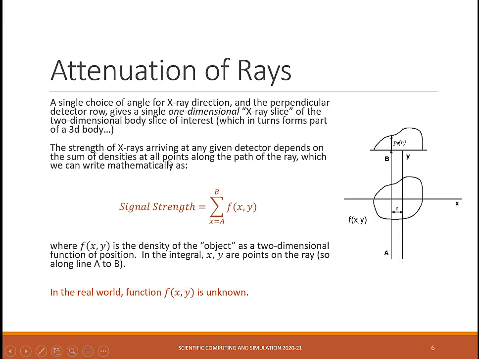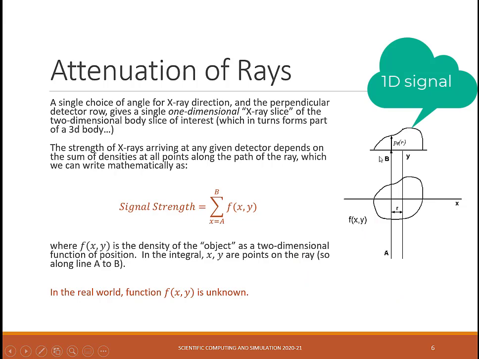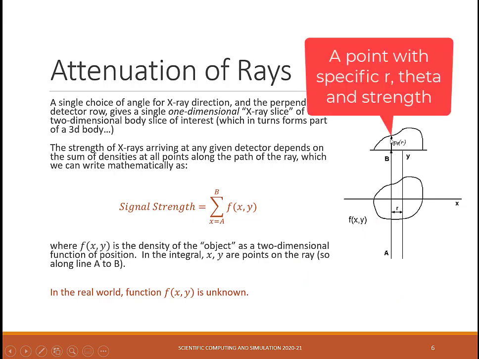As explained in the previous slide, a set of parallel X-rays with a given angle theta projects a two-dimensional body slice to a one-dimensional raw signal. In fact, each point on the signal is equal to the strength of a ray recorded by a detector.